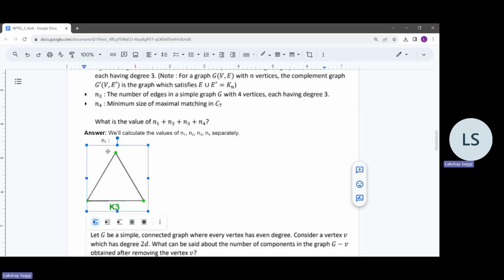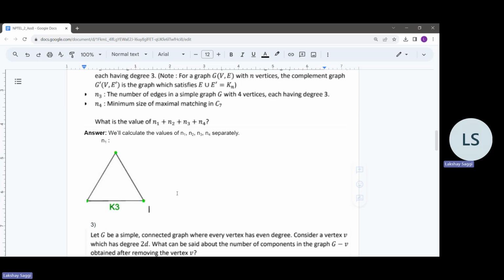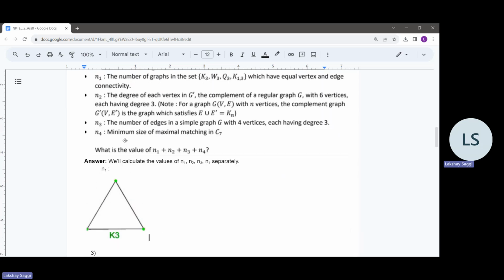In the K3 graph, it can easily be seen that K3 is basically a complete graph on three vertices. These are the three vertices, the green dots, and here are the three edges. Now we need to see whether it has equal vertex and edge connectivities.